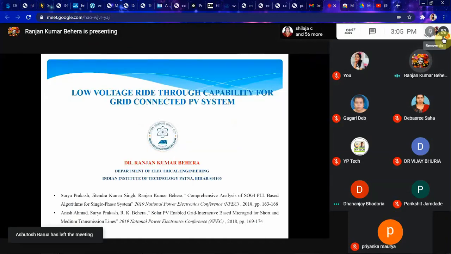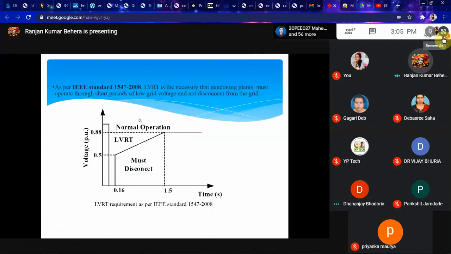So the most important thing is that we will now design a grid connected PV system with low voltage ride through capability. And this is a very important thing today. Although we put in many grid connected systems, low voltage ride through is one of the great challenges today, because generally in our conventional power system, the generators are connected with a big flywheel, and the flywheel stores the energy.